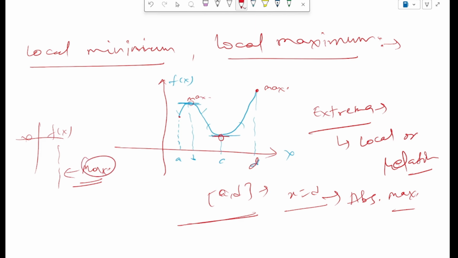Whichever gives the highest value will be the absolute maximum, and the other maximums will be local maximums. Whichever are minimums will be local minimums, and the least value among all of them will be the absolute minimum. I will take an example so that you don't get confused. So let's take an example.